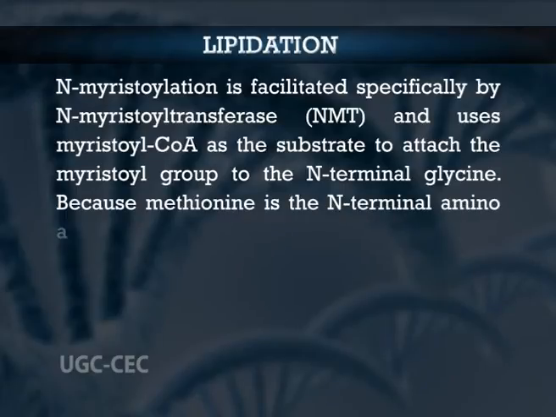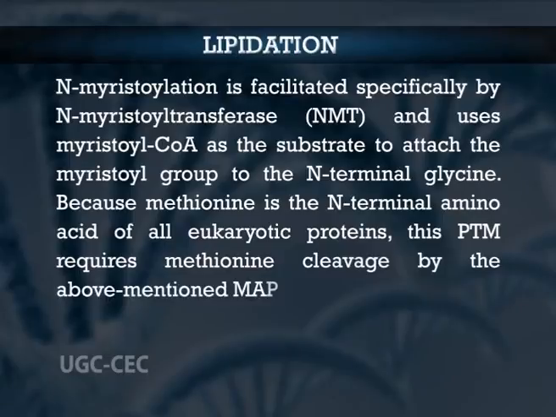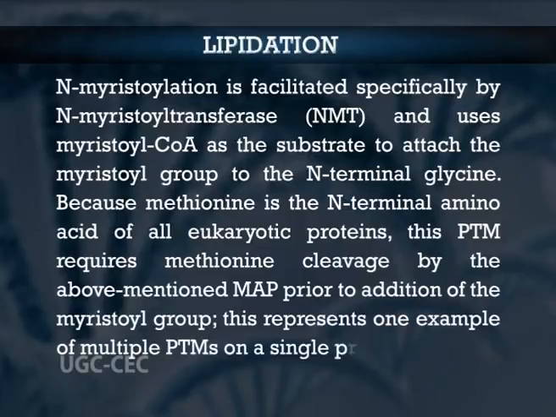Because methionine is the N-terminal amino acid of all eukaryotic proteins, this post-translational modification requires methionine cleavage by the above-mentioned MFP prior to addition of the myristoyl group. This represents one example of multiple post-translational modifications on a single protein.